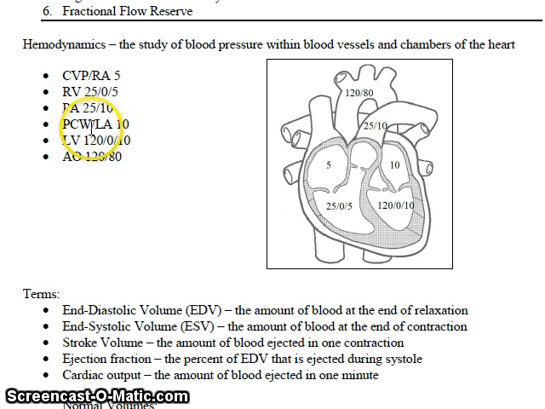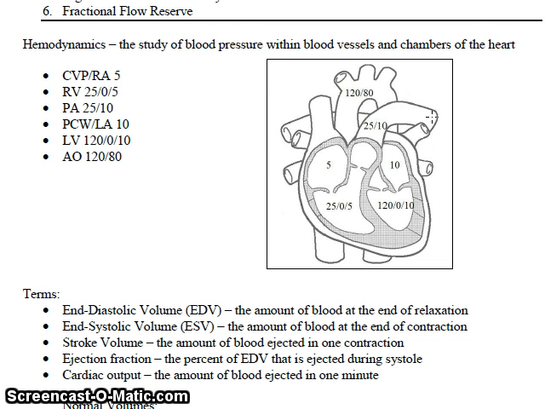The next term is PCWLA, which stands for pulmonary capillary wedge left atrium. We haven't really talked about this yet either, but what they do is put the catheter deep into the pulmonary artery, and then they inflate a balloon, and what that does is put a wedge in it.